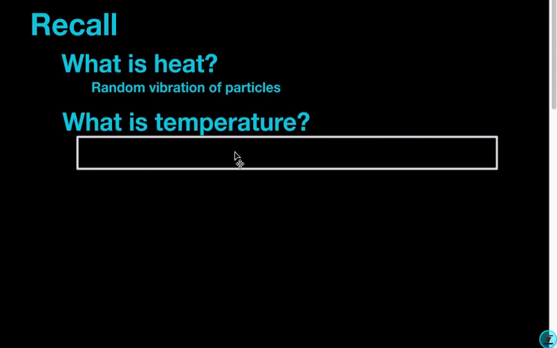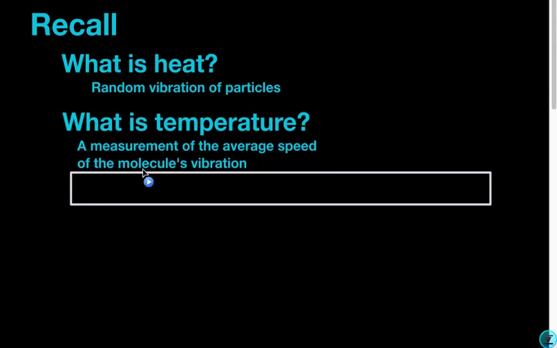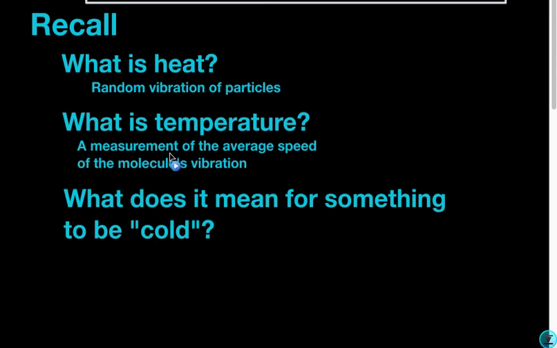Well, temperature is a measurement of the average speed of those molecules' vibration. What we're doing when we measure something's temperature is we're really measuring how quickly those atoms are vibrating, and we're averaging out all the different particles that are vibrating in that substance.